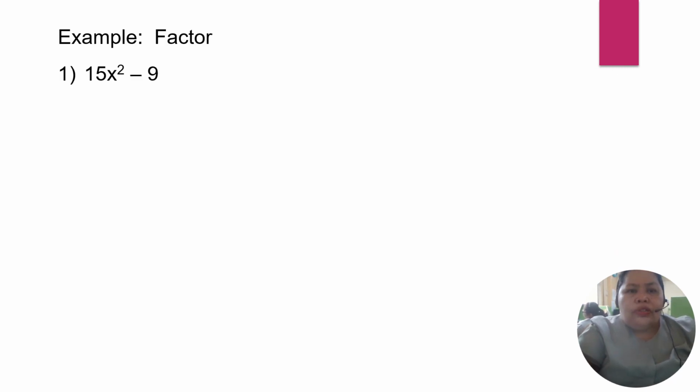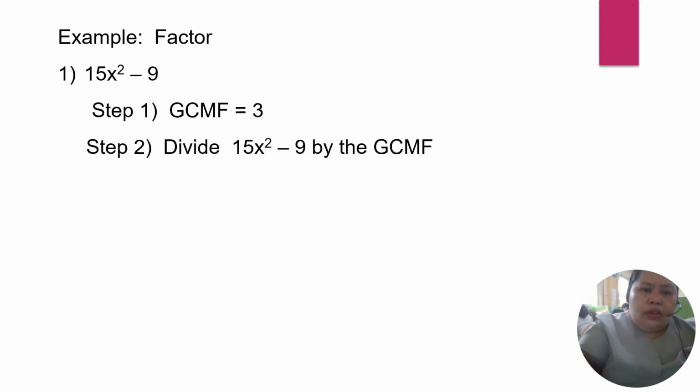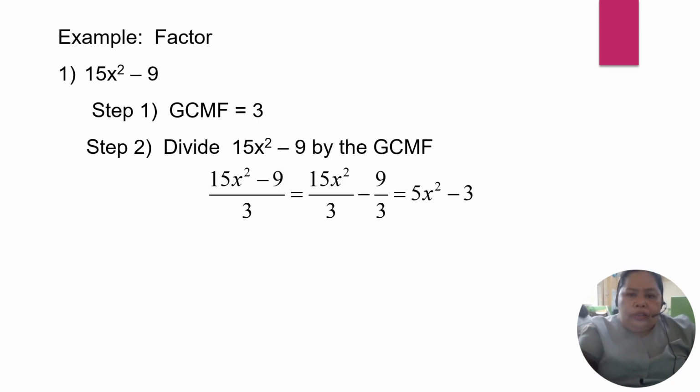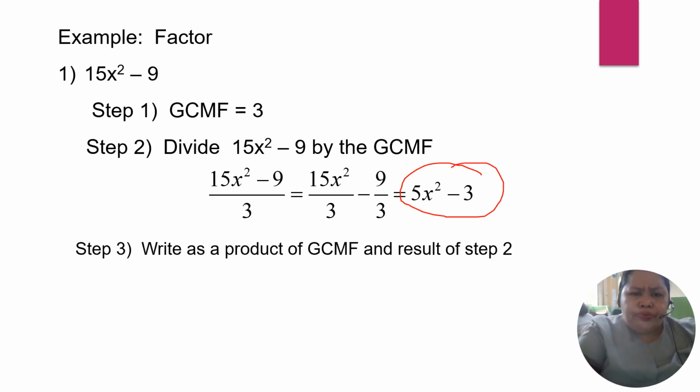Okay, let's factor this one: 15x squared minus 9. Step 1, get the GCMF. The GCMF is 3. Then divide. The 15x squared divided by 3 is 5x squared, minus 3.